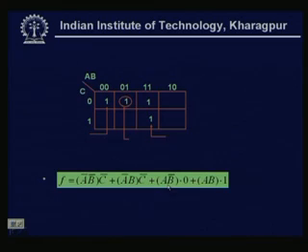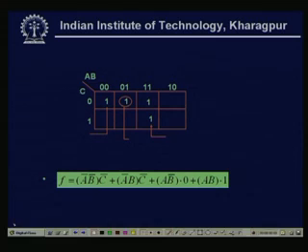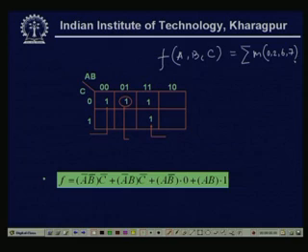Here I have taken a 3 variable function, where my function is f of a b c, and the same example, that only min terms 0, 2, 6 and 7 will be there.